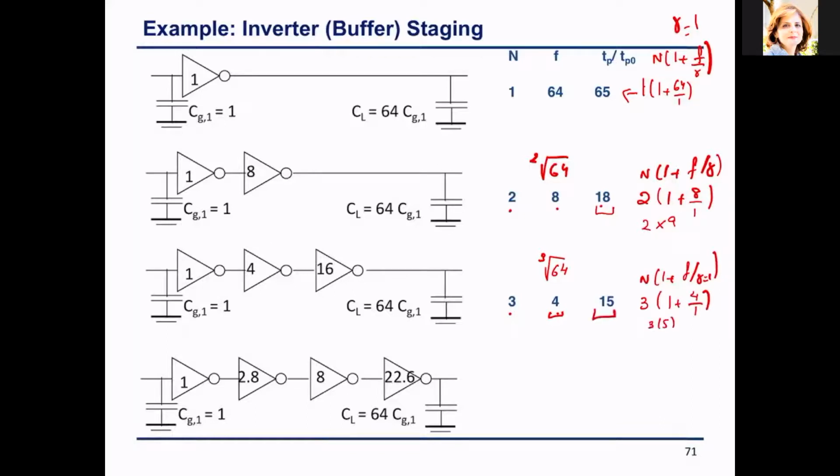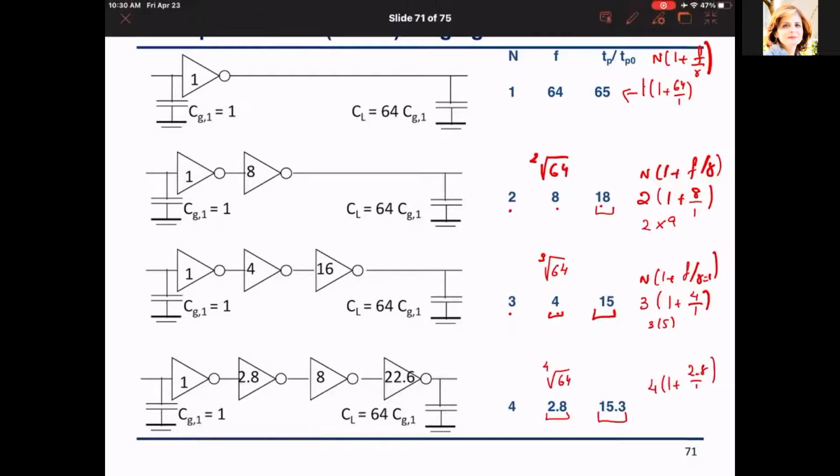Okay, so the delay here is 15, and let me see the last one here: 4 stages, so it will be 4 into 1 plus f, which is the fourth root of 64, we agreed 2.8, over 1, giving me 15.3. Okay, so as you can see here, where was the optimal delay? It started big, went smaller, so this is the optimal delay, and then it started to increase again.